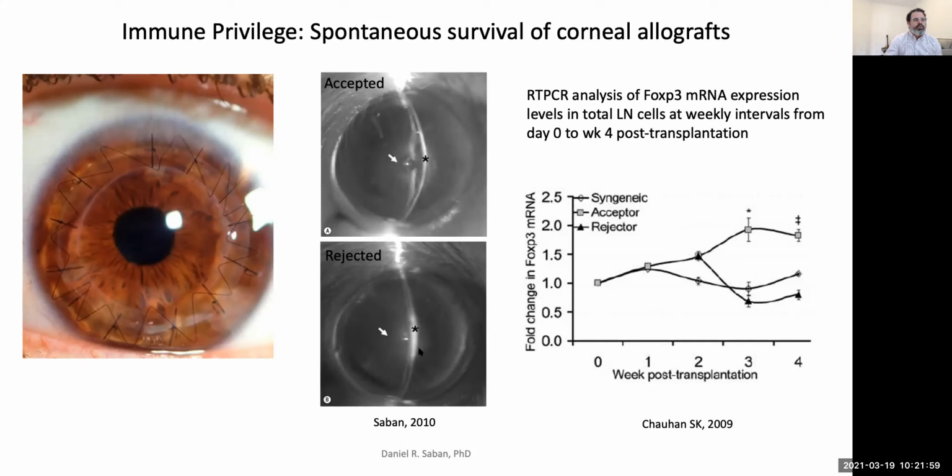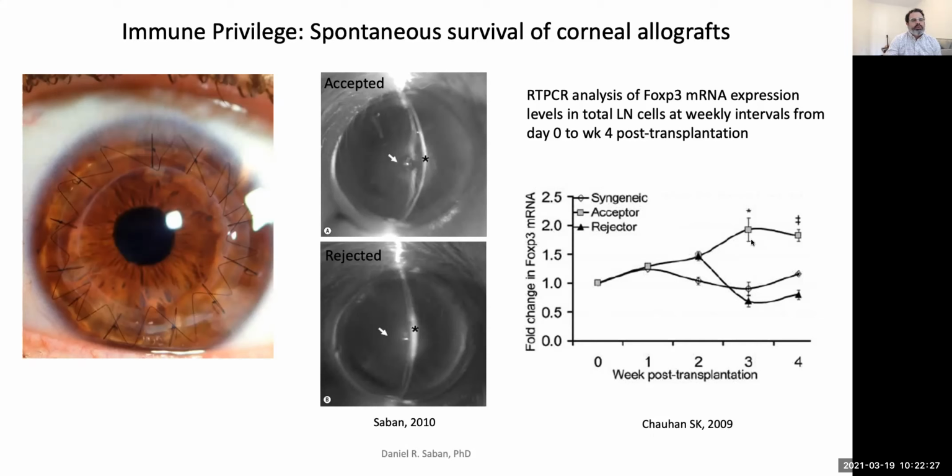And with respect to one of the features which we said, immune tolerance, this is work done by Sunil Chauhan. I believe 2009, published in JI. You can see in this spontaneous acceptance versus rejector, you can then look into the lymph node.